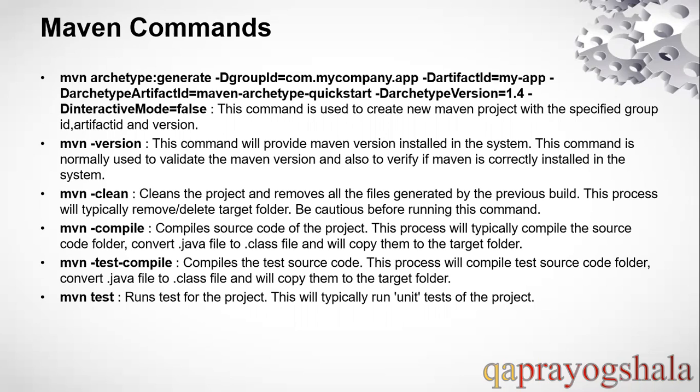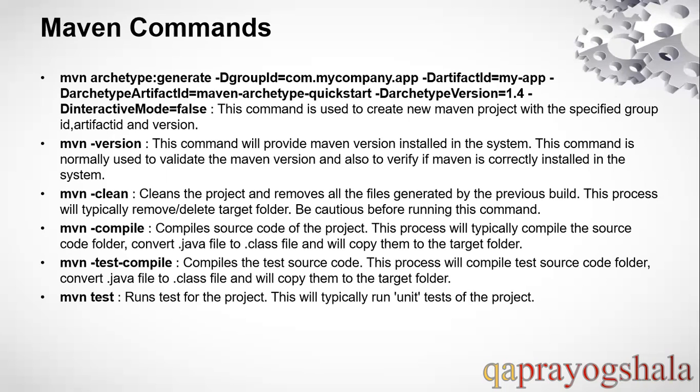Here, we have mvn, that is Maven. Then we have archetype:generate, which means generate a new Maven project. And in Maven, as you all are aware, we have a group ID.